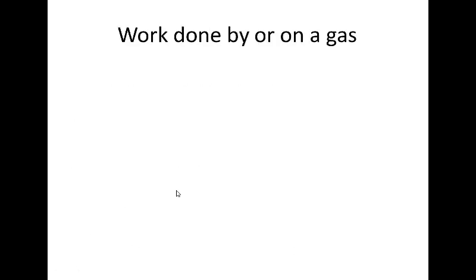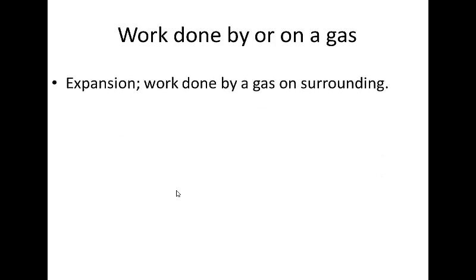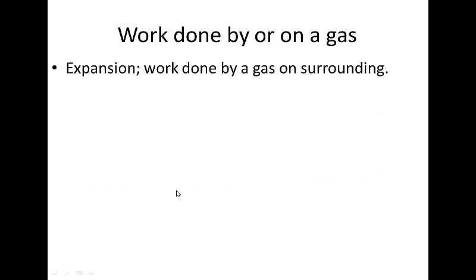Work done by or on a gas. Again, work, little w. If the gas is expanding, work is being done by the gas on the surroundings. The balloon idea helps me to keep this straight. If the balloon is expanding, it is expanding against the surroundings. It is doing work on the surroundings.